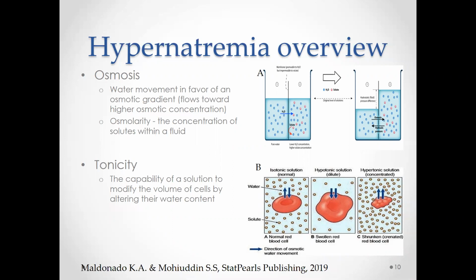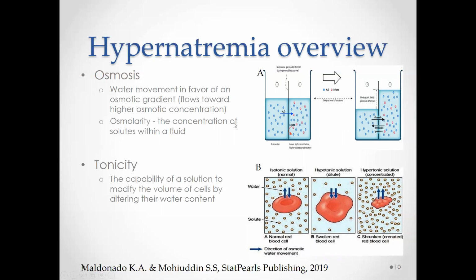It moves toward the higher osmotic gradient. In figure A here, we can see a flask where the water is separated by a semi-permeable membrane, and there are extra solutes in there that cannot cross freely. If we leave it for some time, the water will do osmosis and seep over to the side with higher solutes.